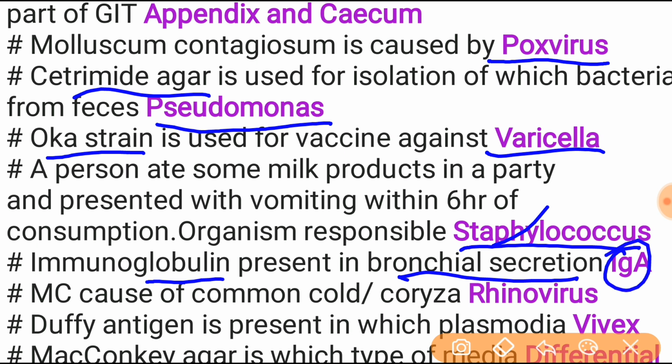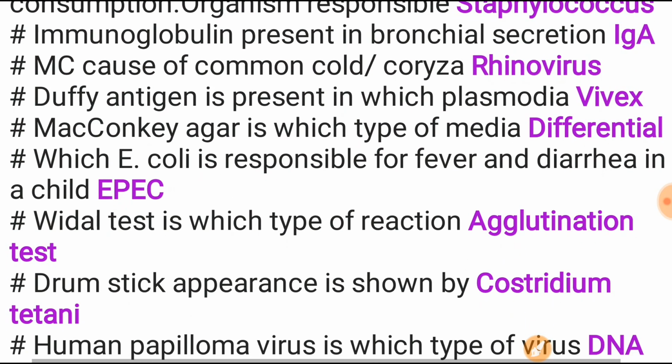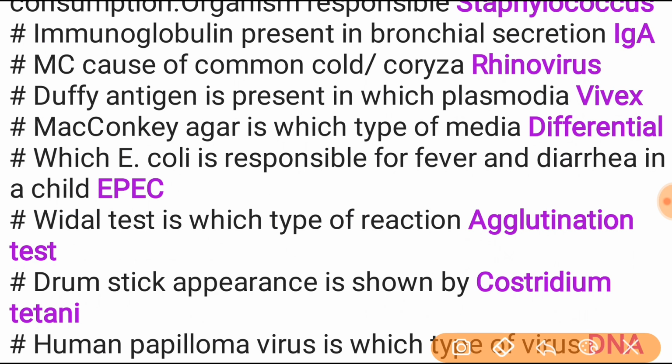The most common cause of common cold or coryza is rhinovirus. Duffy antigen is present in which Plasmodium? It will be vivax. MacConkey agar is which type of media? It is differential media.